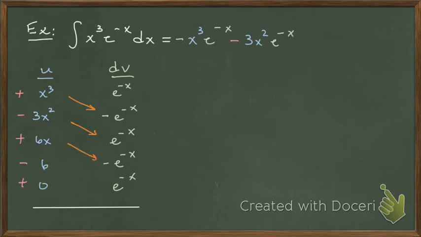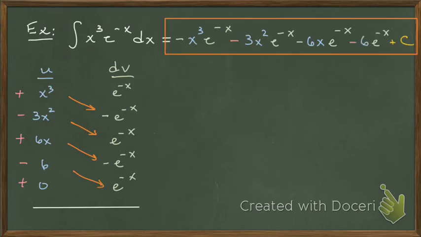The next term, I just keep going until I've gone to where I would hit 0 times the e term, and there's no more terms after that. So what I've got here is a minus 6x e to the minus x. Lastly, minus 6 e to the minus x plus a c. That's it.